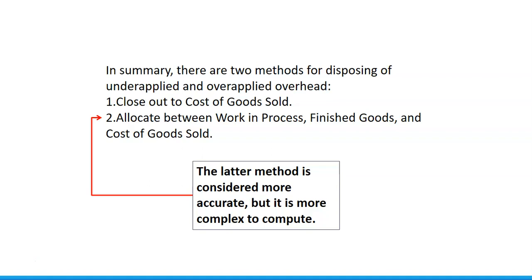So it's just good to know that it's usually a material amount that is decided. A business will just have a threshold and they'll say anything above this amount gets allocated, anything below this amount gets closed out to cost of goods sold. That is chapter 3.